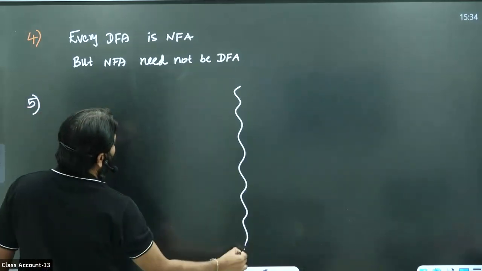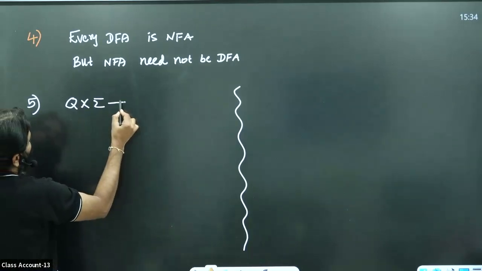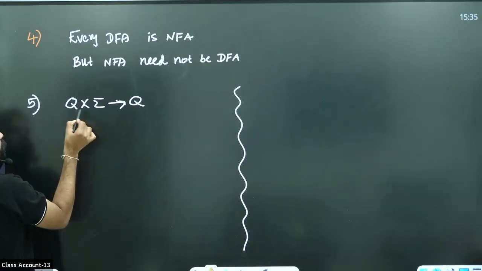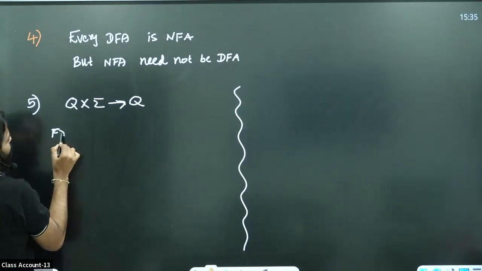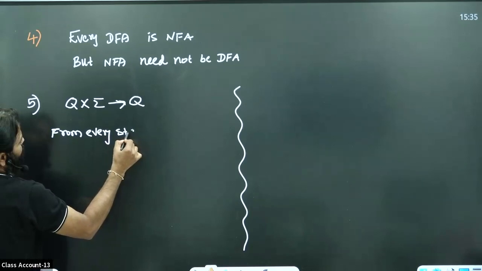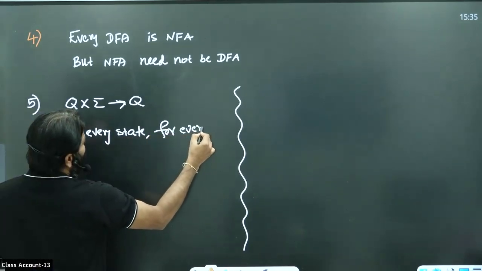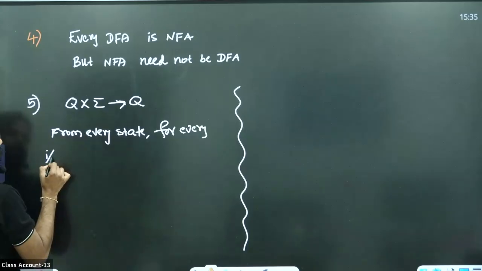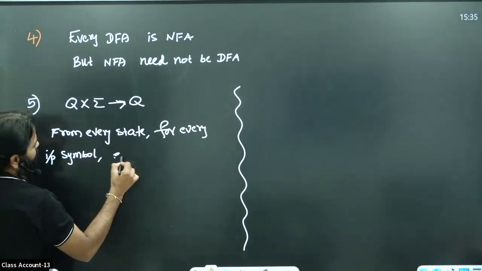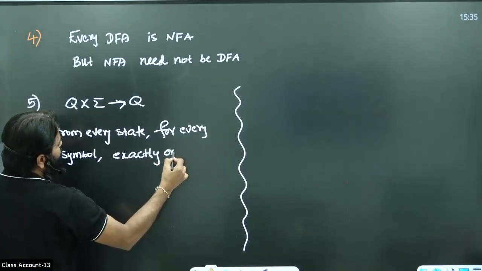If you look at the DFA definition, Q cross sigma maps to Q. It doesn't matter how many finals. But what is the definition of this? From every state, for every input symbol, you will see one transition that goes to the next state.